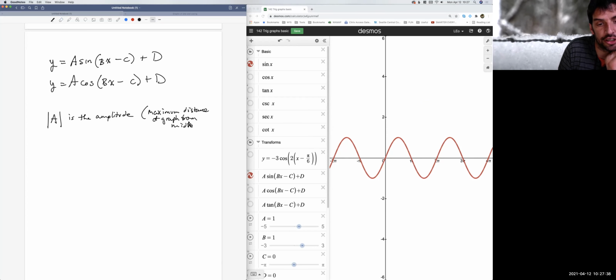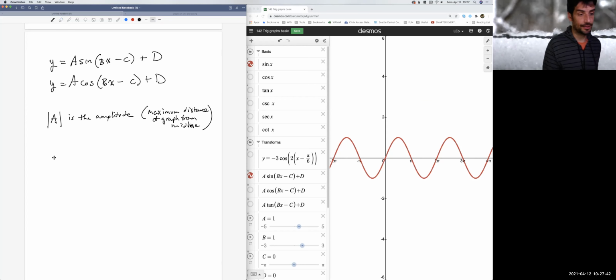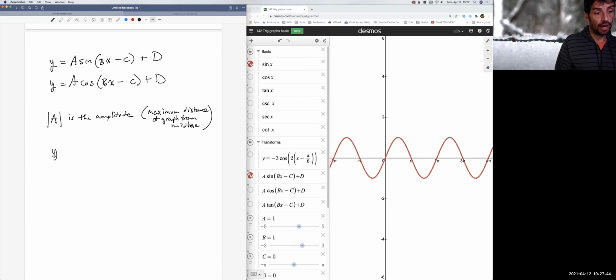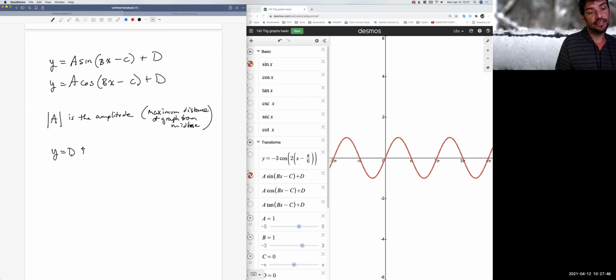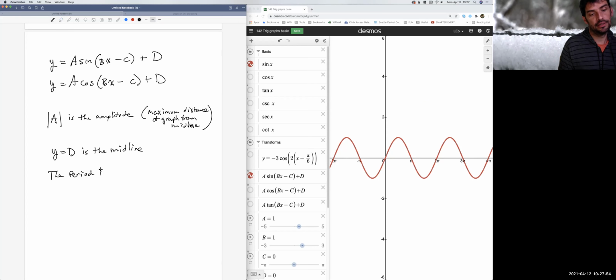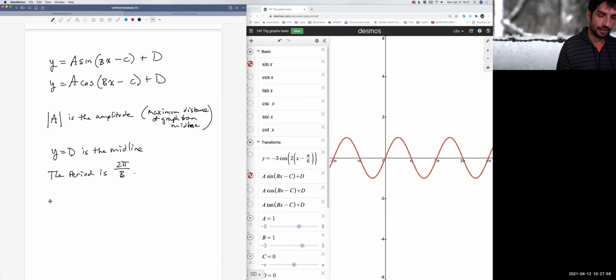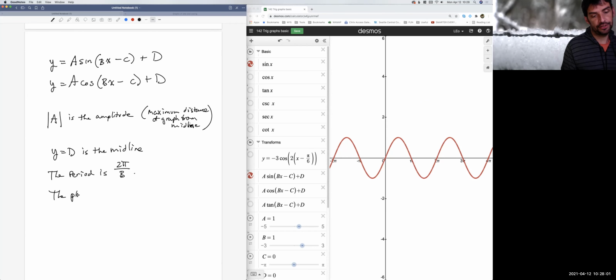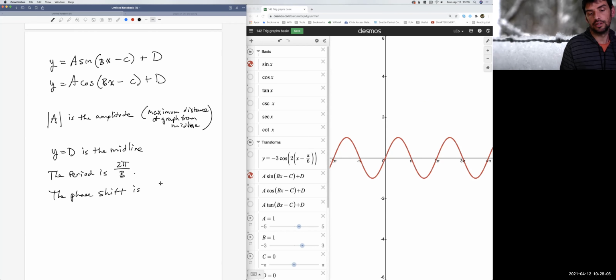So in either direction, up or down, what's the furthest away the graph gets, okay? y equals d is the midline. The period is 2 pi over b. The phase shift is c over b.